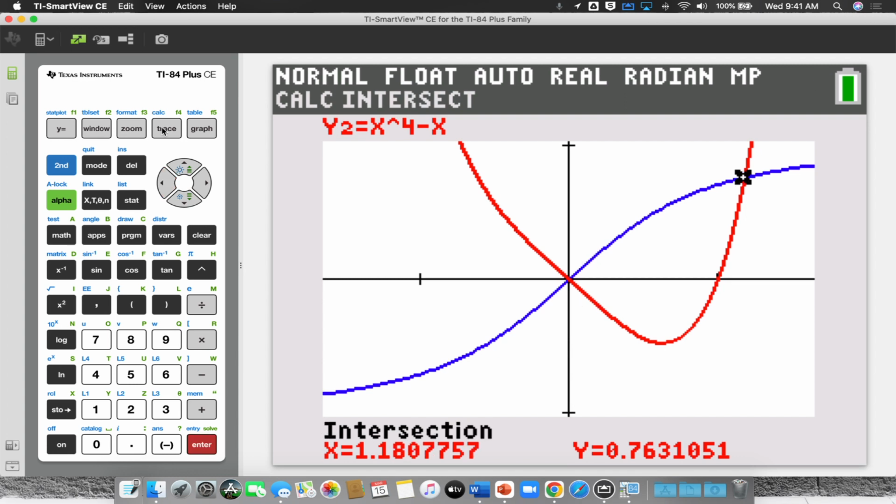No, but you want to get as close as you can. And 1.1808. 1.1808. Okay. Those are the two bounds.